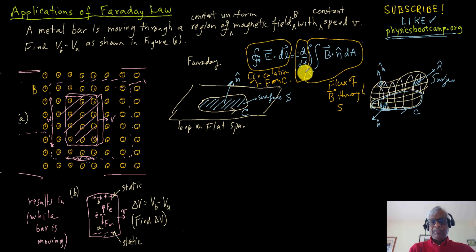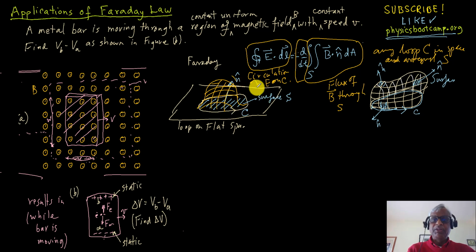Okay, you have to remember this integral, and you have to know how to do these integrals. It's true for any space, so this is any loop C in space and the corresponding S. I can create many S. If I do a different S over here, then I'll have to do the integral over this S, but it will still give me the same E dot dl, because the C is the same.